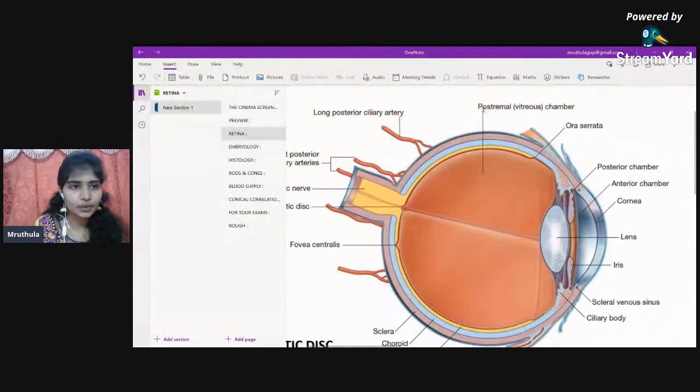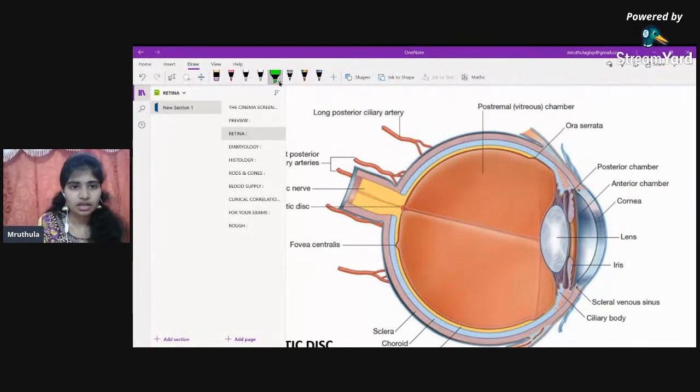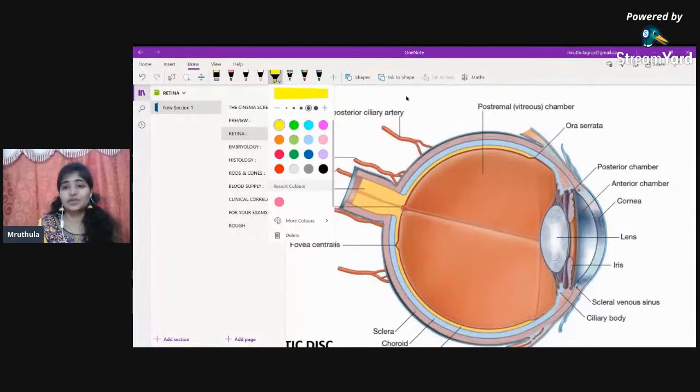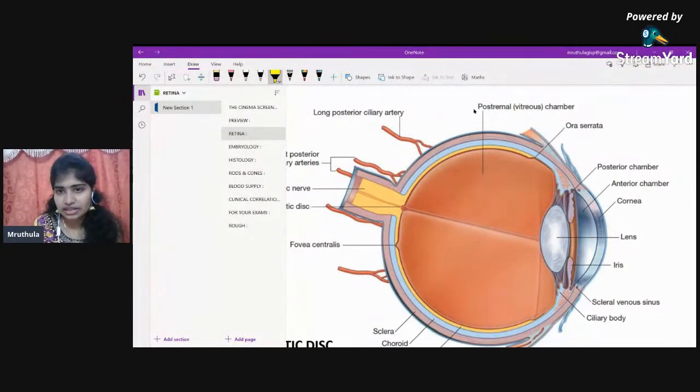So most of you might know about the parts and all, those basic parts. Okay. So we know that this is the posterior segment. This zone is called the posterior segment. Now, when you are standing in the posterior segment, you can see that the light from the lens is going to fall on your retina.